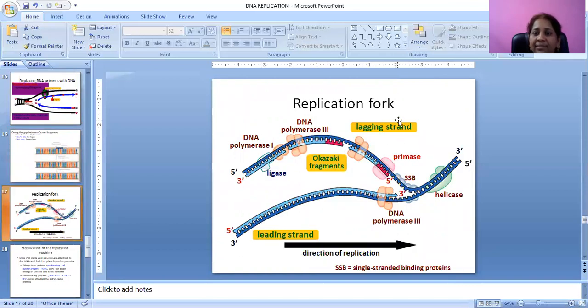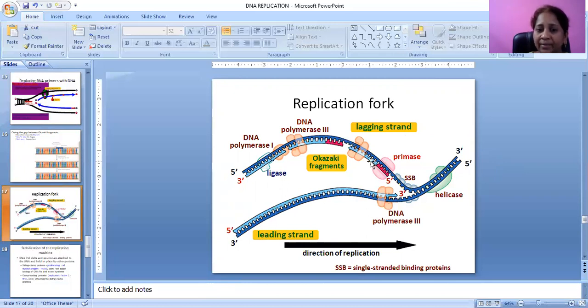Replication. In this diagram we can clearly see how it works. First, 3 prime, 5 prime, 3 prime, then 5 prime, 3 prime, unwinding. Helicase will be unwinding, then afterwards RNA primase acts on the lagging strand, and the leading strand always goes in 3 prime to 5 prime.